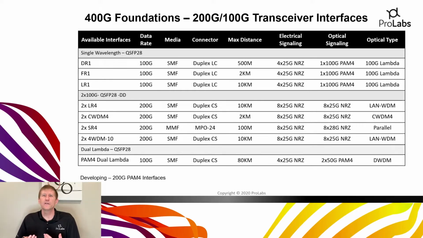And then the final transceiver in the slide here is a dual lambda QSFP28 PAM4 transceiver. This is a PAM4 dual lambda, meaning it's two 50 gig DWDM on the same fiber. So this is a different type of transceiver used today in a QSFP28 type environment as well.